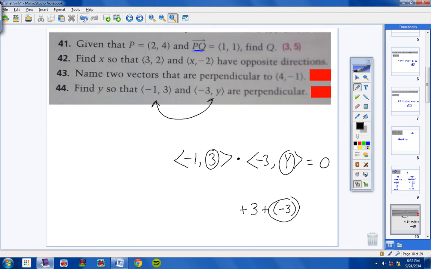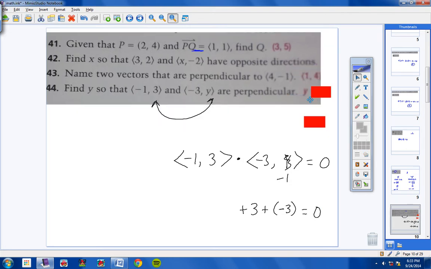Well, 3 times -1, right? Sure. So y has to be -1. -1 times -3 is 3. 3 times -1 is -3. You get out 0. Thus the answer is y equals -1. All right, let me get a drink here. We'll continue on.